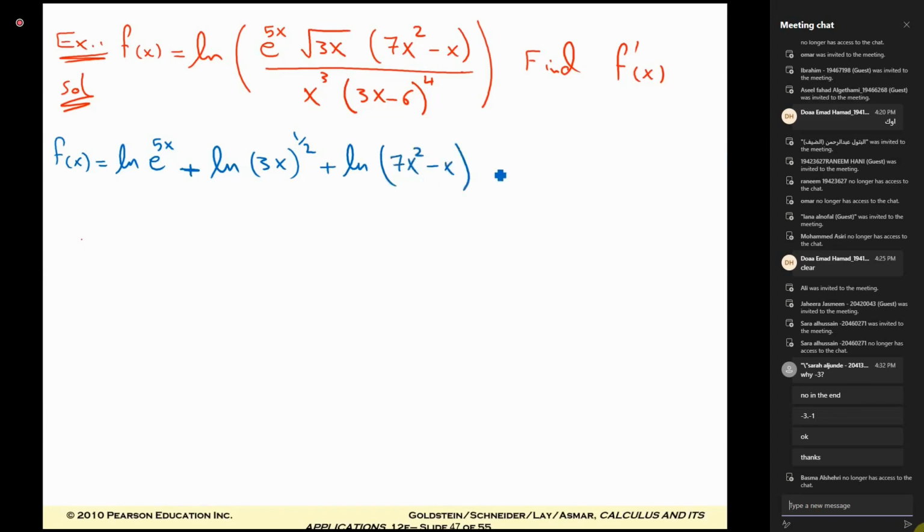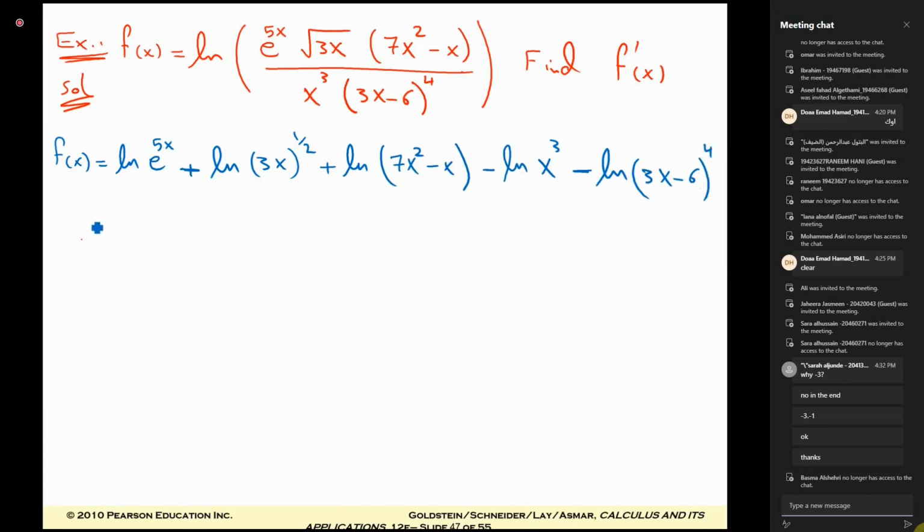We go to distribute the ln in the denominator, so put it negative: minus ln of x to the power 3, minus ln of 3x minus 6 to the power 4.